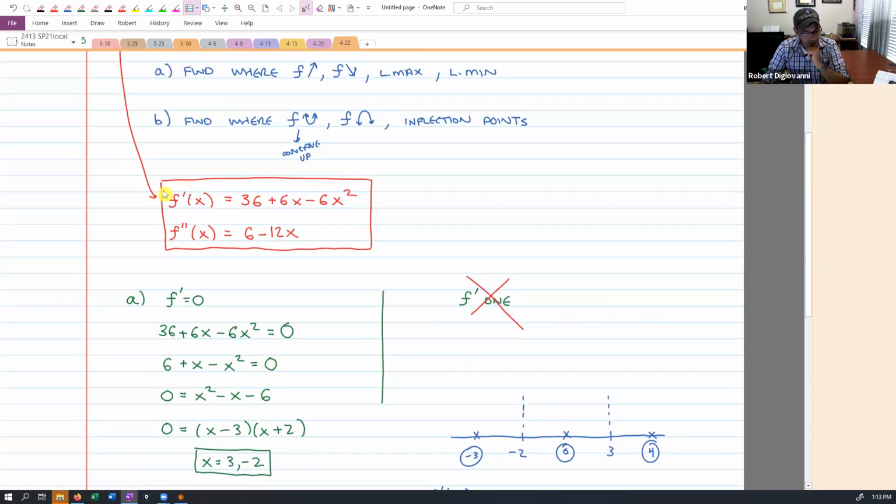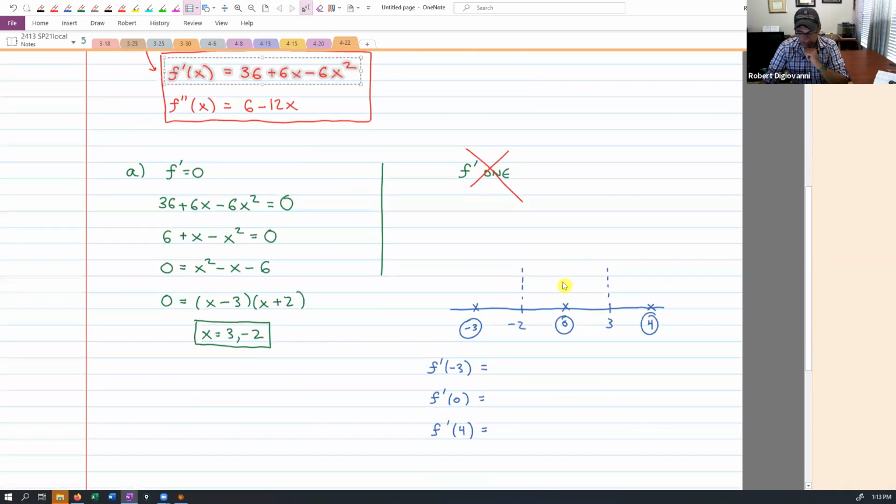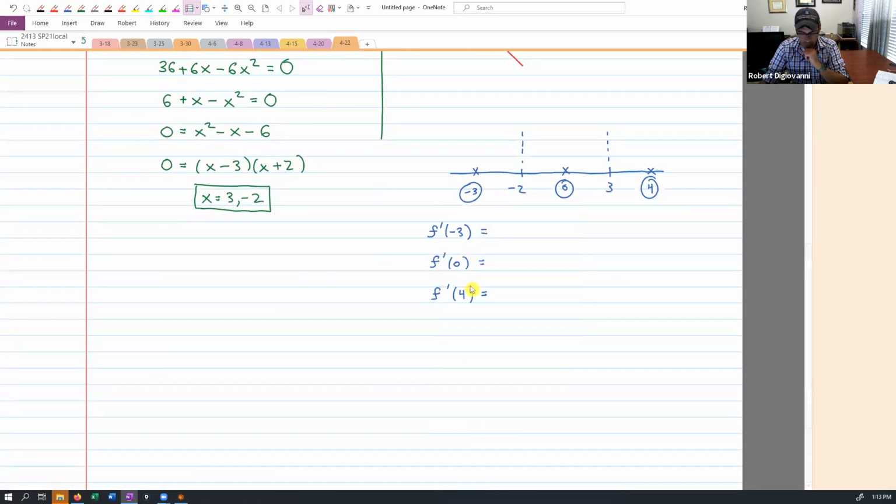So we're plugging into this guy right here. I'll just bring it down here so we can see it. If it were me doing the problem, I would actually factor that 6 out. Well, you know what?